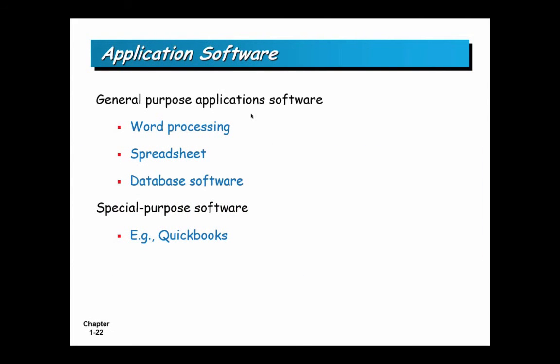Not going to talk too much about software here. Software fits into two categories, general purpose and special purpose. General purpose is what we've always thought of: word processors, spreadsheets, database software. And special purpose software are things like QuickBooks or any application software that's used for a specific user purpose.